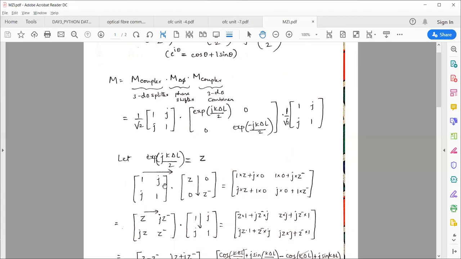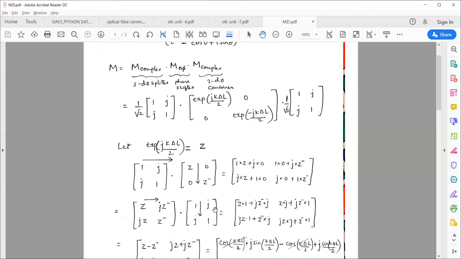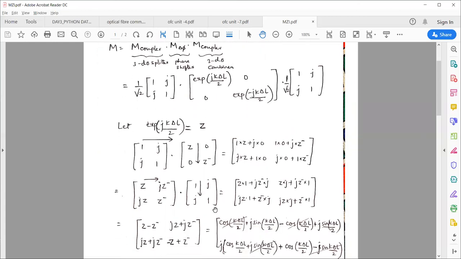So apply the matrix multiplication method for the first and the second matrix and do the matrix multiplication steps, so that you will end up getting this for the first and second matrix multiplication. And this is the final matrix after you multiply the resultant of the first and second with the third matrix.